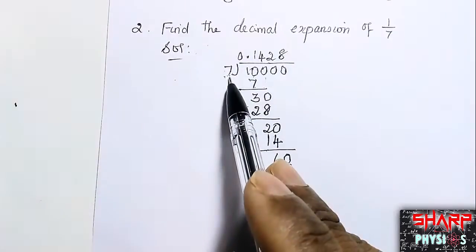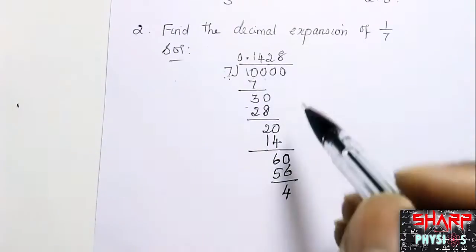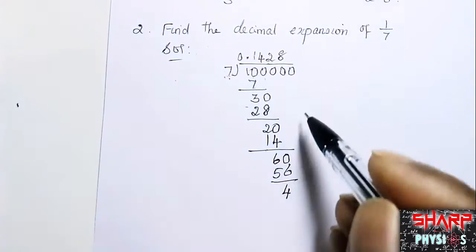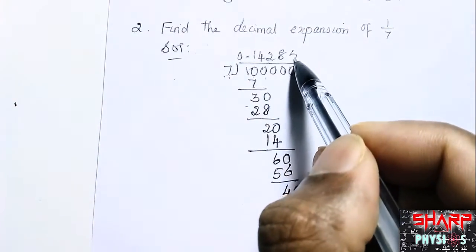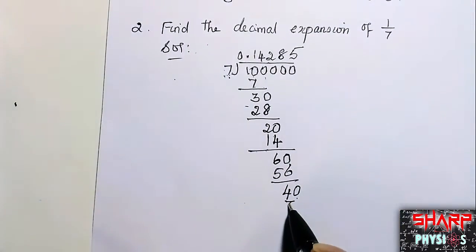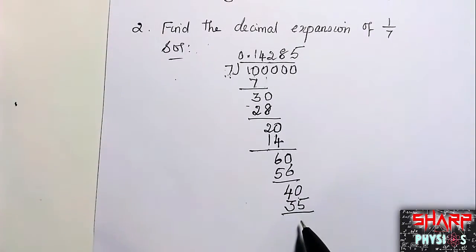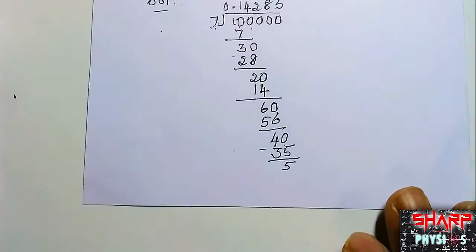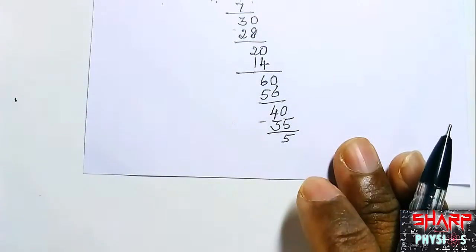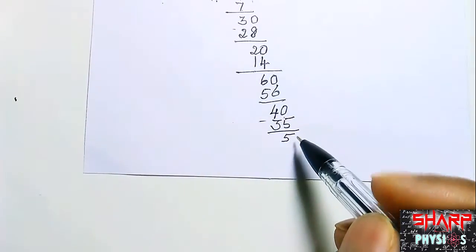4 is less than 7. So place again a 0 here and bring that 0 here. 7 fives are 35. Subtract it. You get 5. 5 is less than 7.